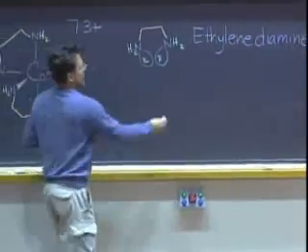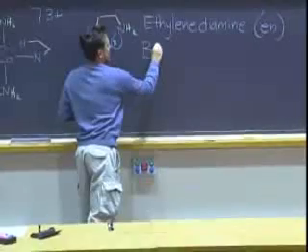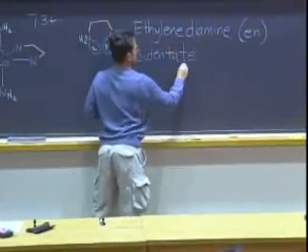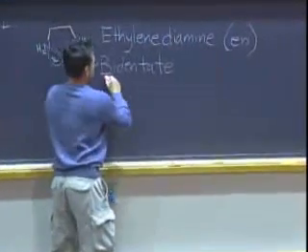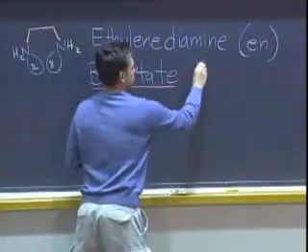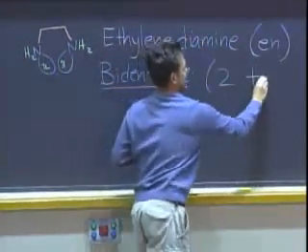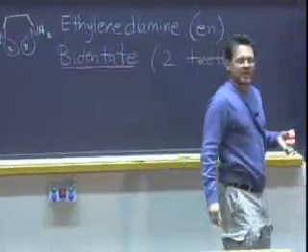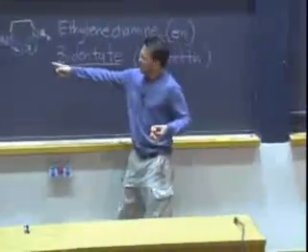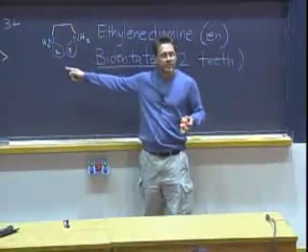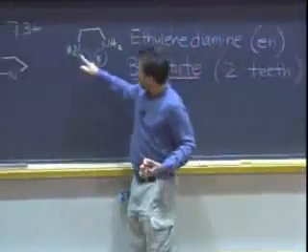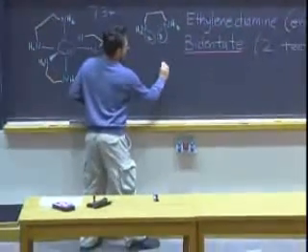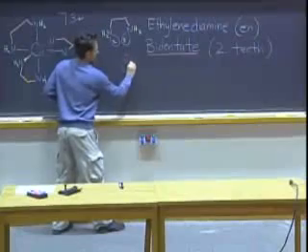And it is an example of a bidentate ligand. And that means that it has 2 teeth with which to bite down on the metal center. It is a double Lewis base, right? And when it binds to the metal center, we call that the process of chelation.